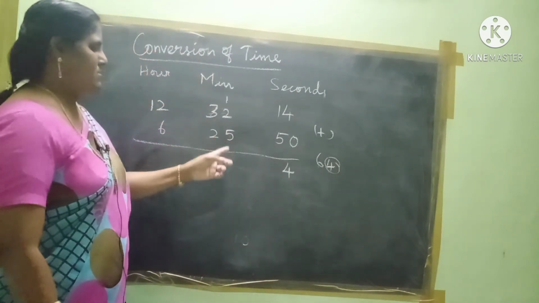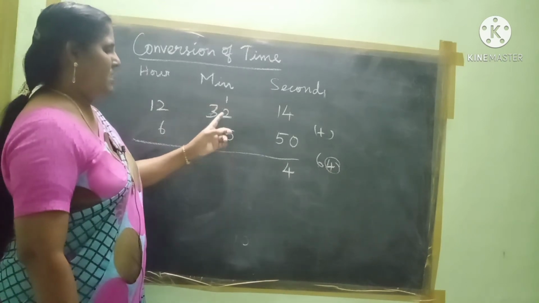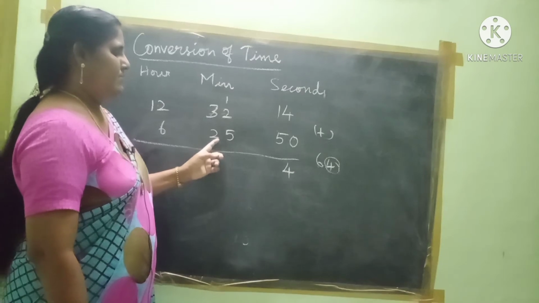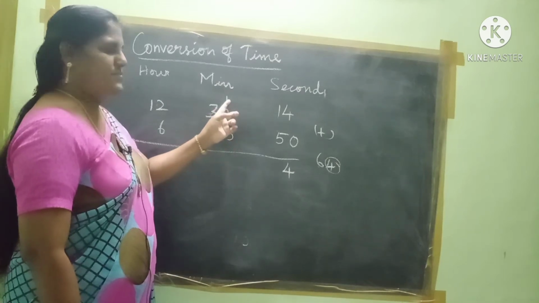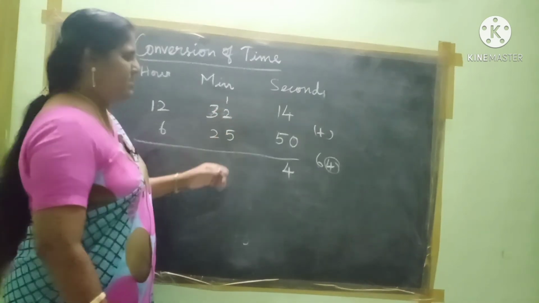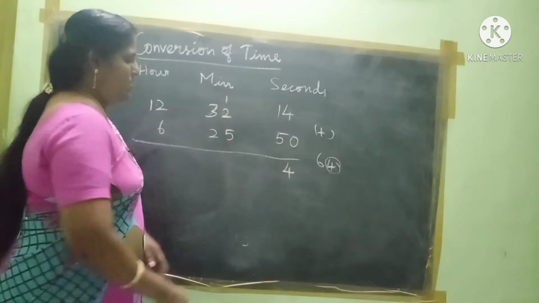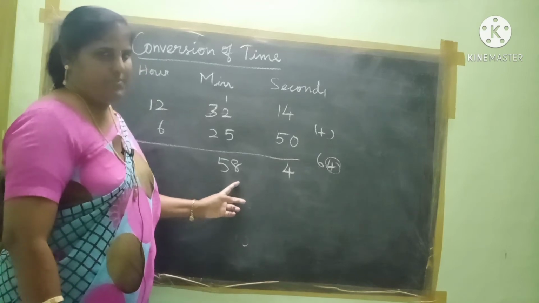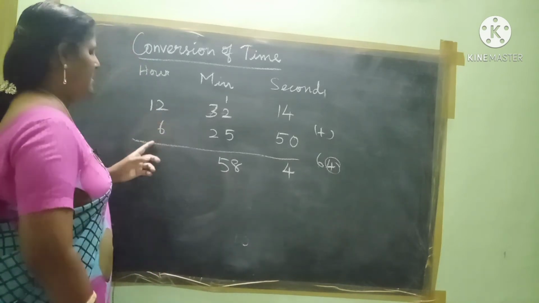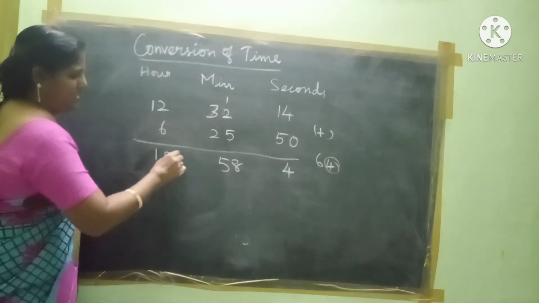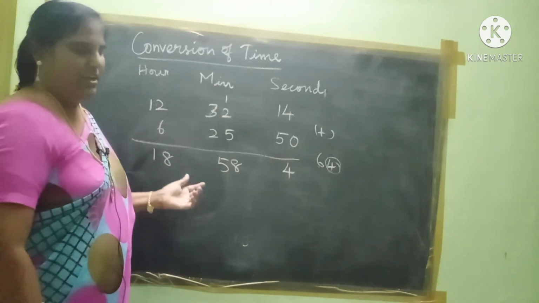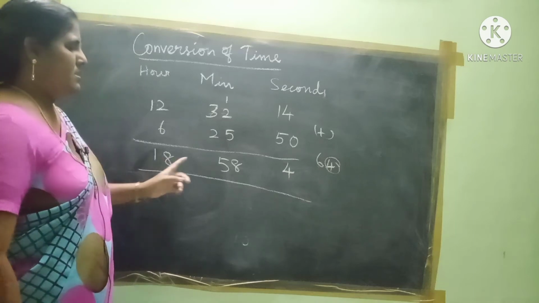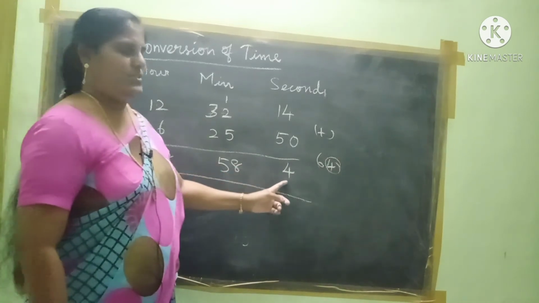Next, when you add this all, the time will come 32 plus 25, yes 57. 57 plus 1, 58. So 58 minutes is below 60. Therefore you should put 58 minutes here, and 18 hours. Therefore the answer is 18 hours 58 minutes 4 seconds.